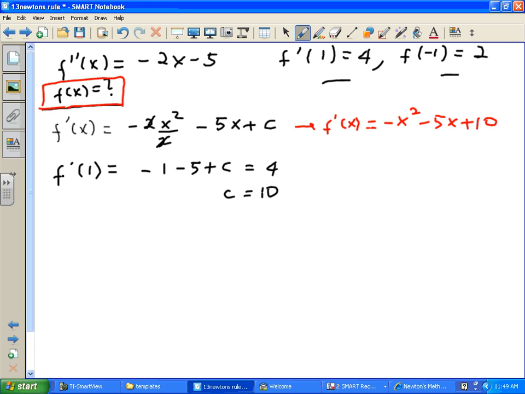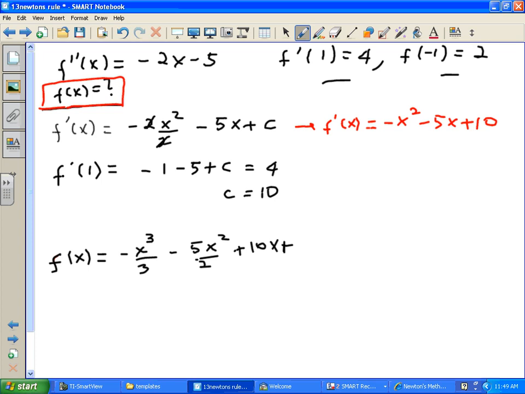Now, to get f of x, I need to antidifferentiate one more time. So f of x equals, take the antiderivative of that f prime. So we get negative x cubed over 3 minus 5x squared over 2 plus 10x. Of course, there's always a constant, I'm going to call it b, a different one than c.